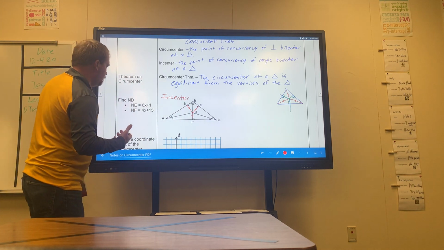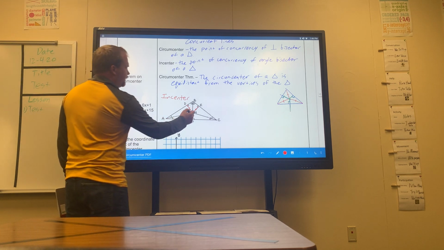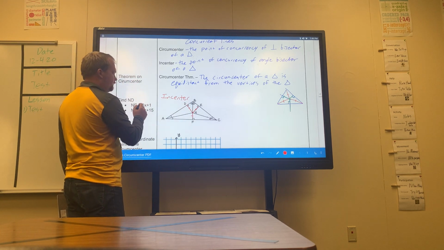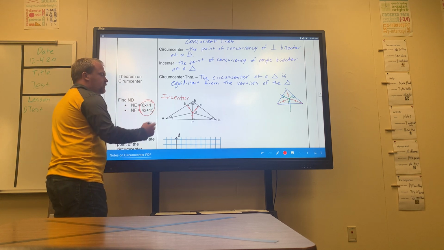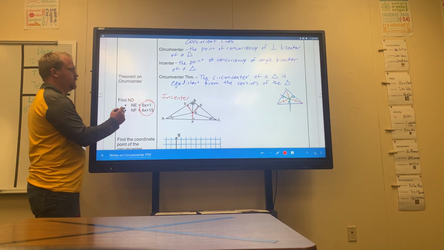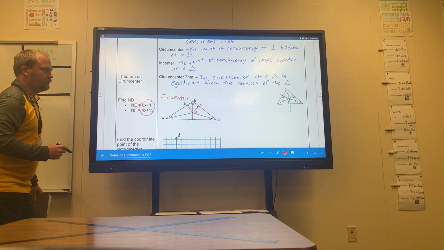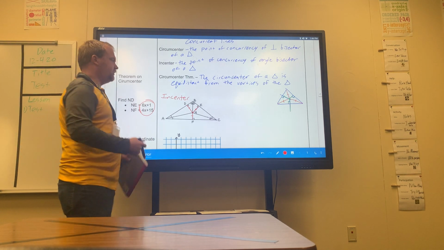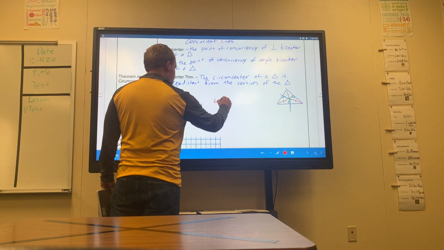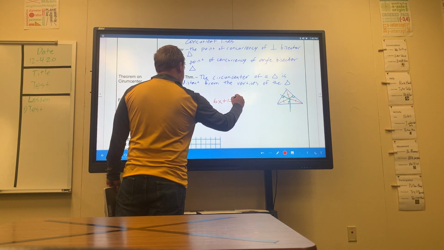Now, if I want to find ND right here, I gotta take this into effect. NE equals 6X plus 1. NF equals 4X plus 15. Now remember, since they're equal distance to each other, I can set them equal to each other.